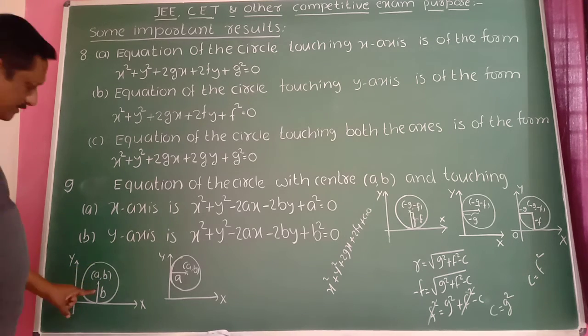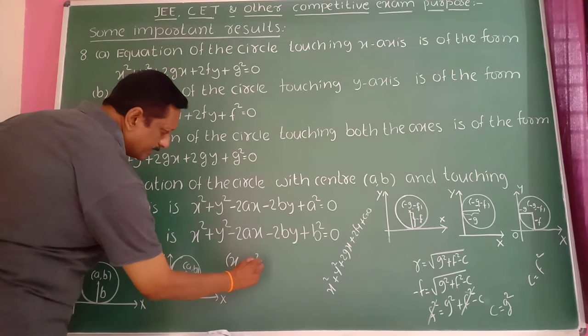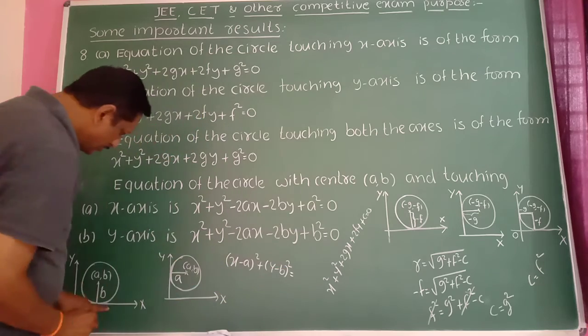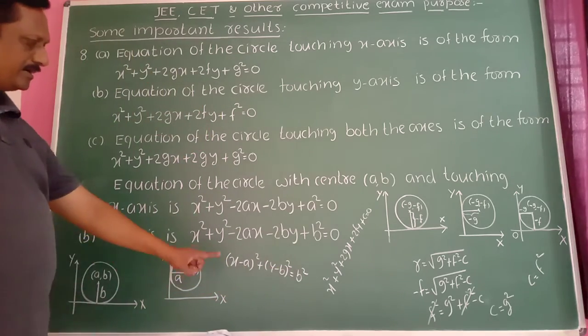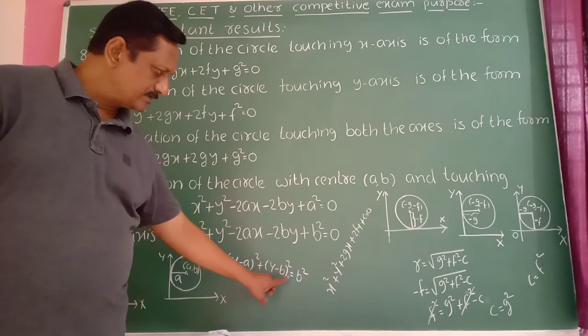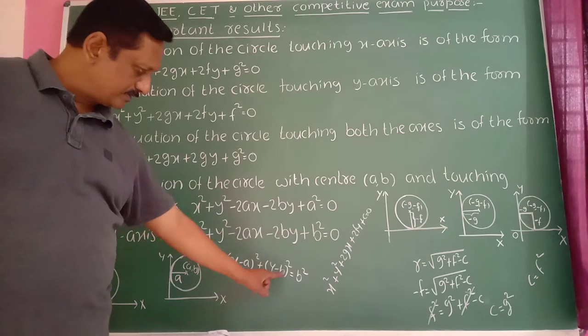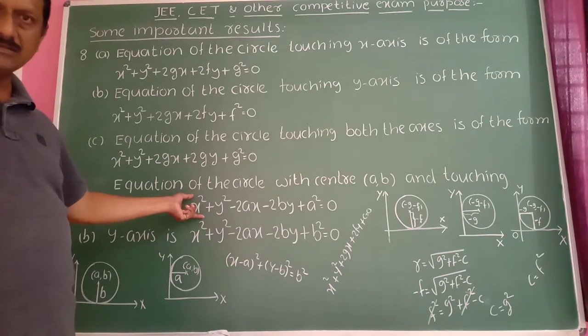Therefore the equation of this circle is x minus a whole square plus y minus b whole square is equal to b square. The radius is b, so b square. If we expand it here, b square and b square cancel, remaining is a square here. Therefore we expand this one, b square cancels, we get the equation here.